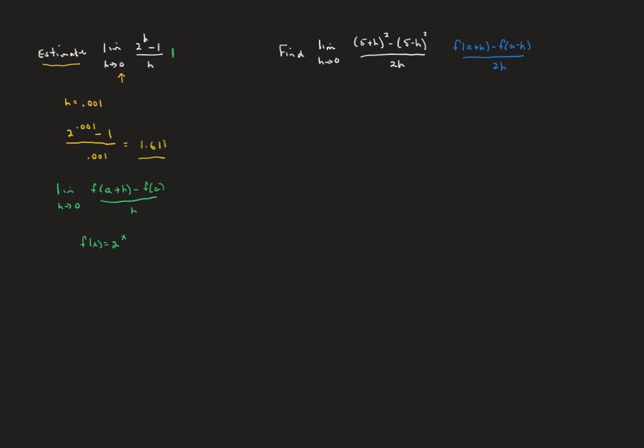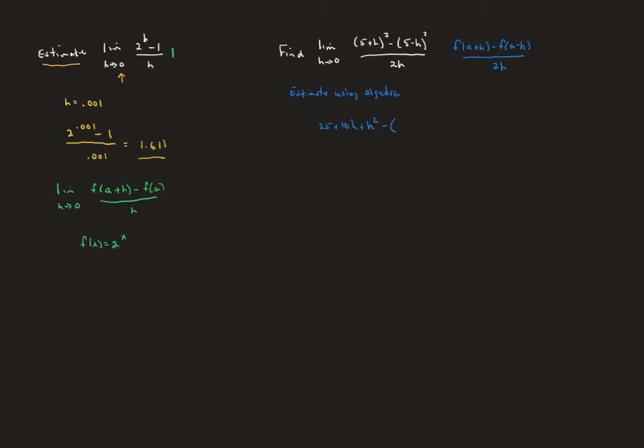We're going to estimate using algebra. This is really where we're headed soon. We're going to square out that 5 plus h. That's the first one squared, twice the product, plus the second one squared.